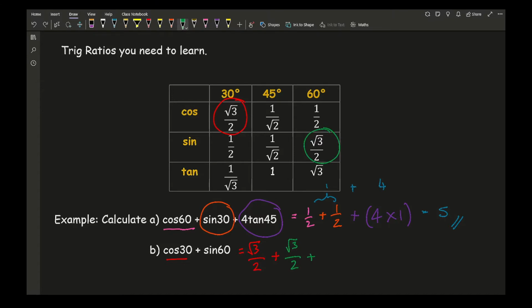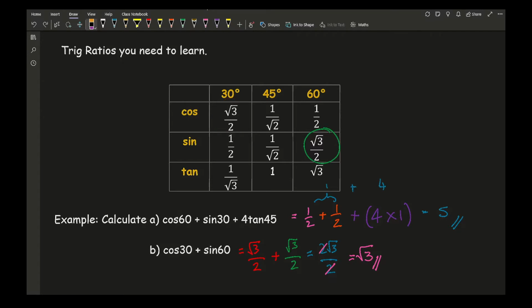So here what I've got is 2 root 3 over 2, because when you're adding fractions and the denominators are the same, I just add the top 2 numbers. So root 3 plus root 3 gives me 2 root 3. And then from this, the 2s cancel, in which all I'm left with is root 3. So here is an example of a type of question that you could get, using these trig ratios in a different way of how this question could be presented in your exam paper.